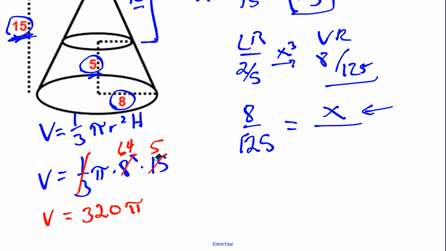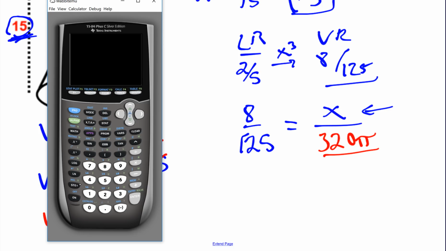I bet if you typed in that original equation without the pi, you'd get 320. So I'm going to just pop that over here, leaving the pi involved. For those of you who have not left answers in terms of pi before, that's a great way of not having to round until you get to the final step, which makes your answer as accurate as possible.